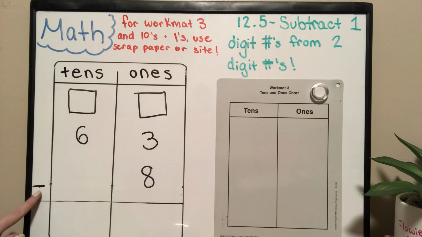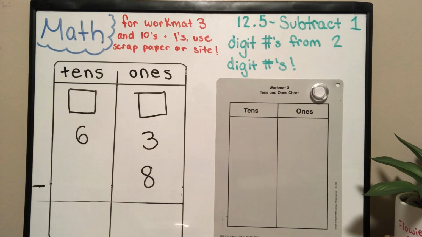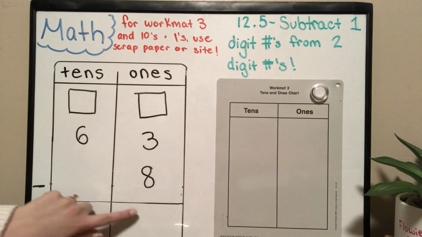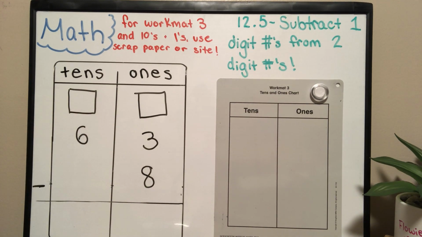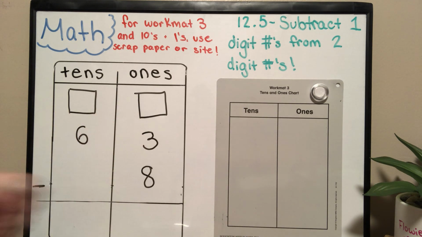Difference number 1 is we have a subtraction sign over here instead of an addition sign. And difference number 2, we have 2 boxes here. Usually we just only have 1 for addition in the 10 spot if we need to regroup and carry over a 10. Okay, but we have 2 boxes here, and you will see why in just a second.